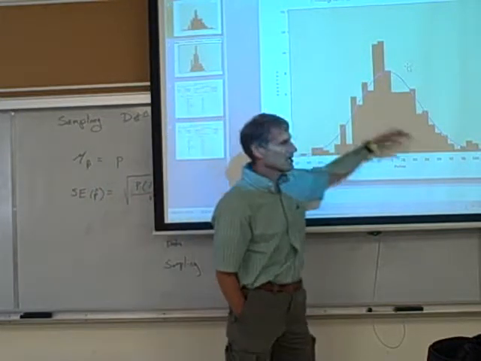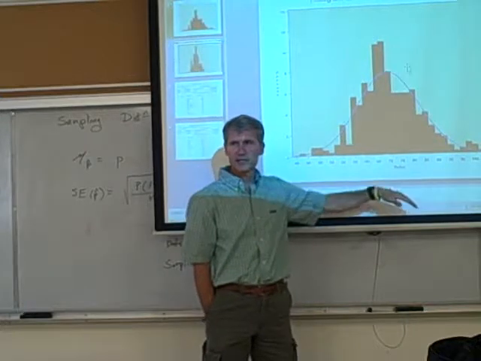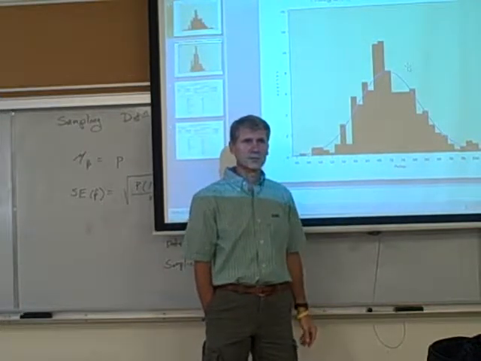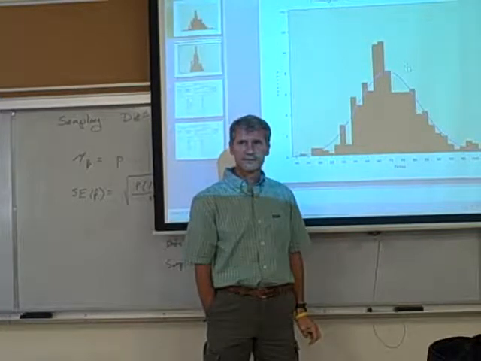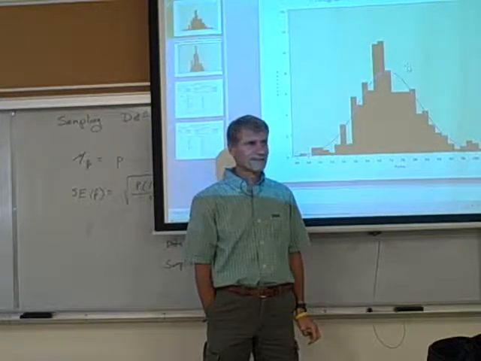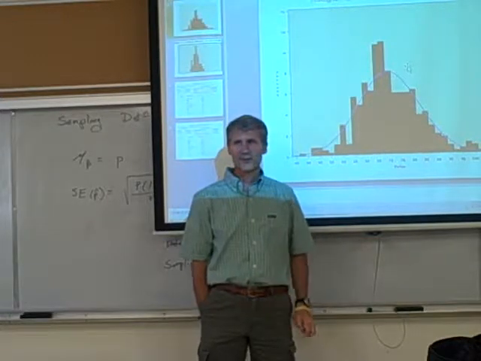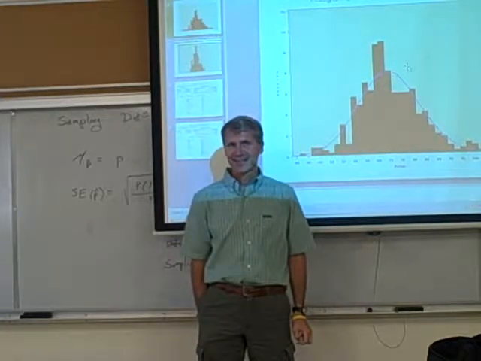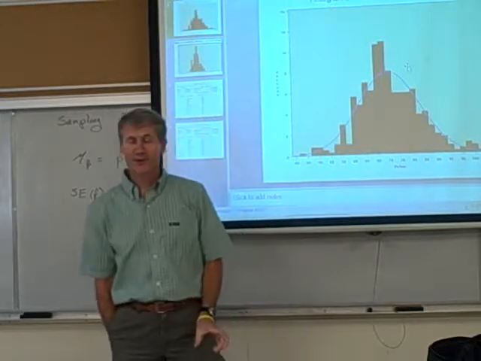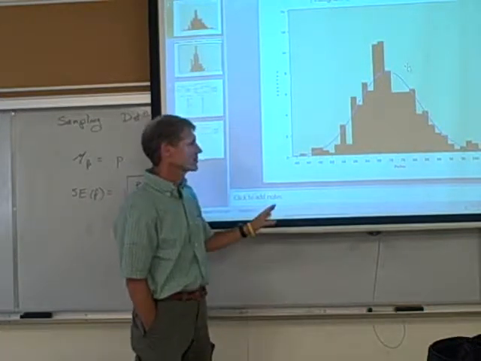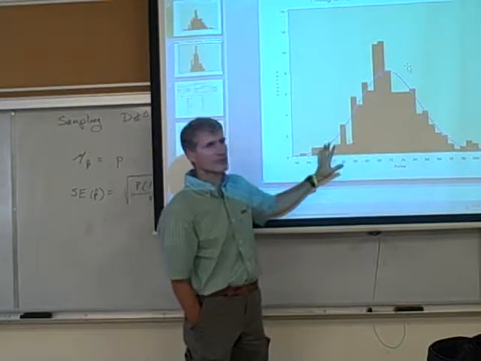Is this a population distribution, a data distribution, or a sampling distribution? I've heard two of the three so far. And I actually have heard the right one. I heard sampling distribution. No, this is not a sampling distribution.